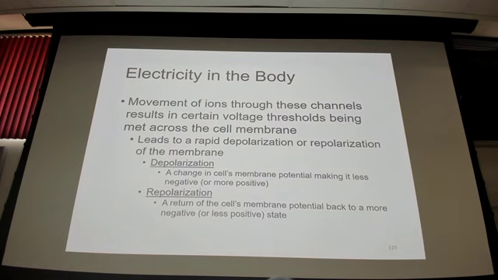So depolarization: you see the phrasing here where it says less negative and more negative. The reason it's phrased that way is because for a cardiac myocyte, the working cells that actually squeeze, not the ones that conduct electricity but the ones that receive it and actually squeeze together, its stable resting potential is a net negative. It's about negative 90, if I remember right, or negative 60.